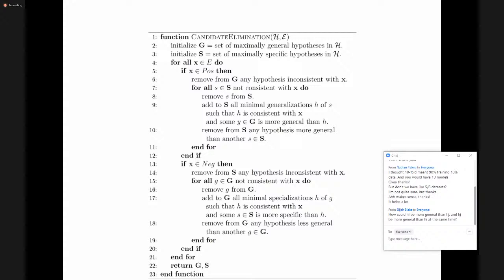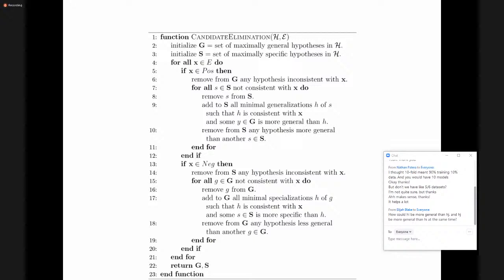So now we look at the set of hypotheses in S. If any of them are not consistent, we are able to generalize them to the point where they become consistent. How do we do that? First, we remove the inconsistent hypothesis from our set S. But then we still work with it by generalizing that hypothesis to make it consistent.